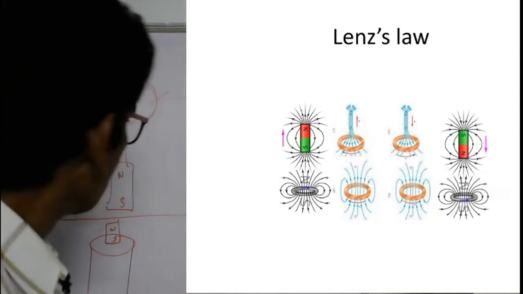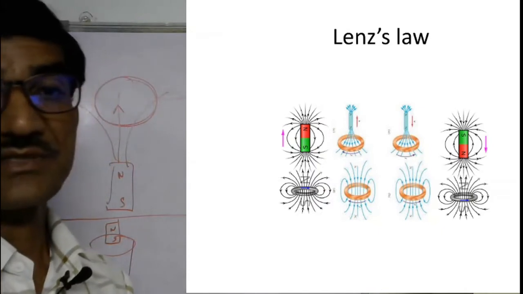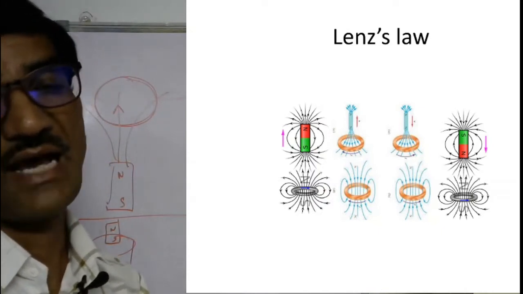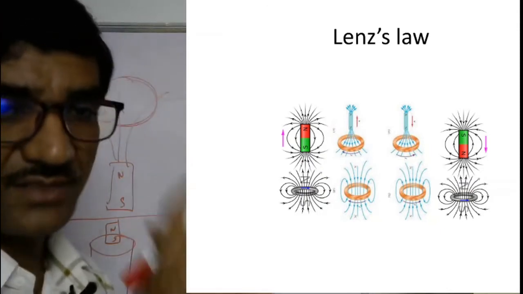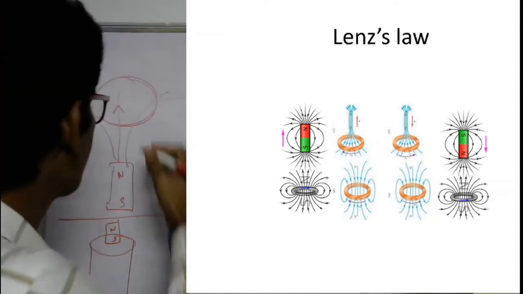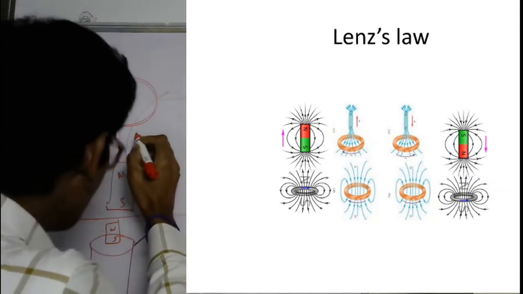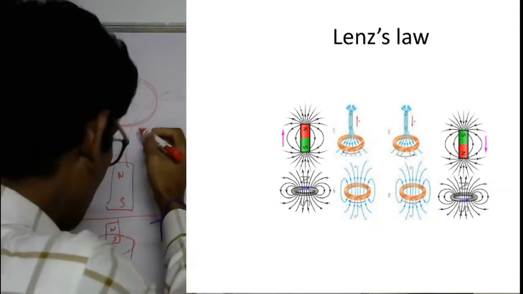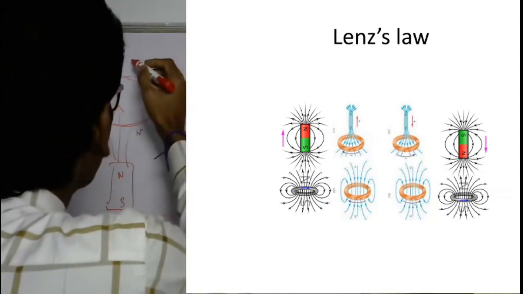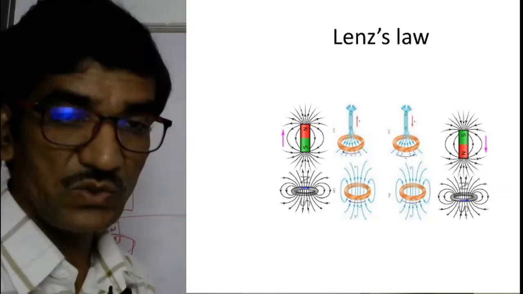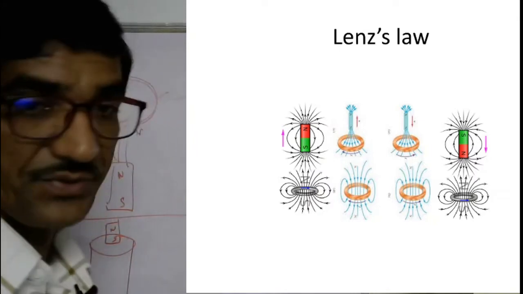Okay. So what happens after some time is that a certain balance is maintained between the gravitational force and the upward repulsion force. On the lower side of the ring, a north pole will be induced. On the top side of this loop, a south pole will be induced.